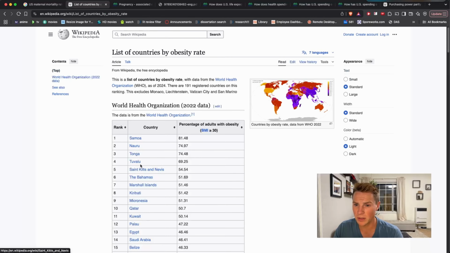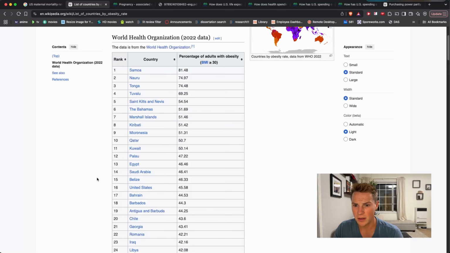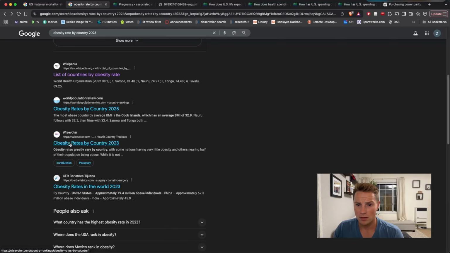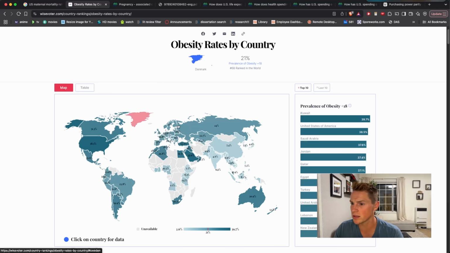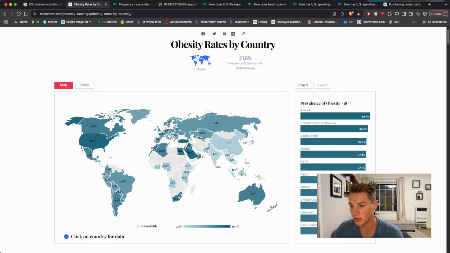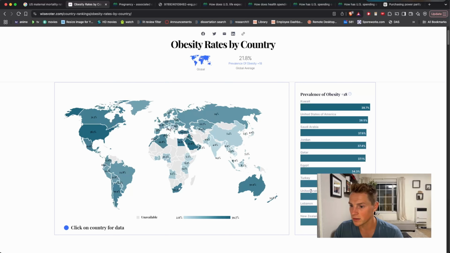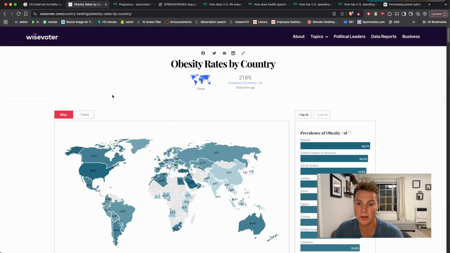Wikipedia. Believe it or not, that's not a terrible source. It puts the United States at 16th as of 2022. wisevoter.com. This is probably not super... it might be legitimate. I don't know. But look at this. It's putting the U.S. at second, which is not very good.